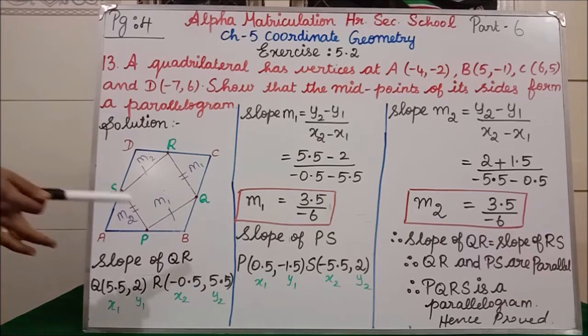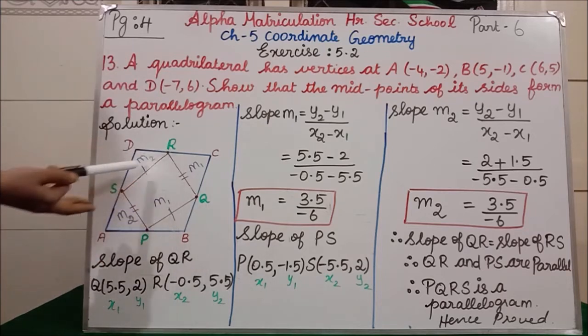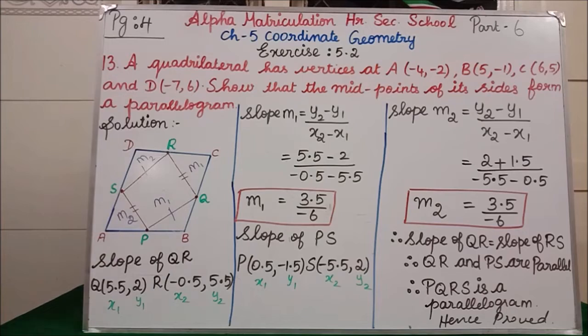Which means what? Opposite sides are equal and opposite sides are parallel, which means it is a parallelogram. So we write PQRS is a parallelogram. Hence proved. Dear students, with page number 4, we are completing the 13th question.